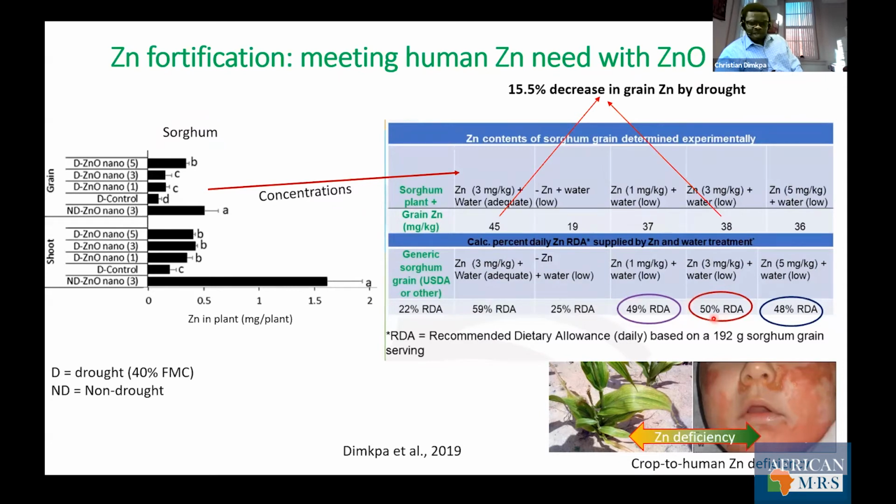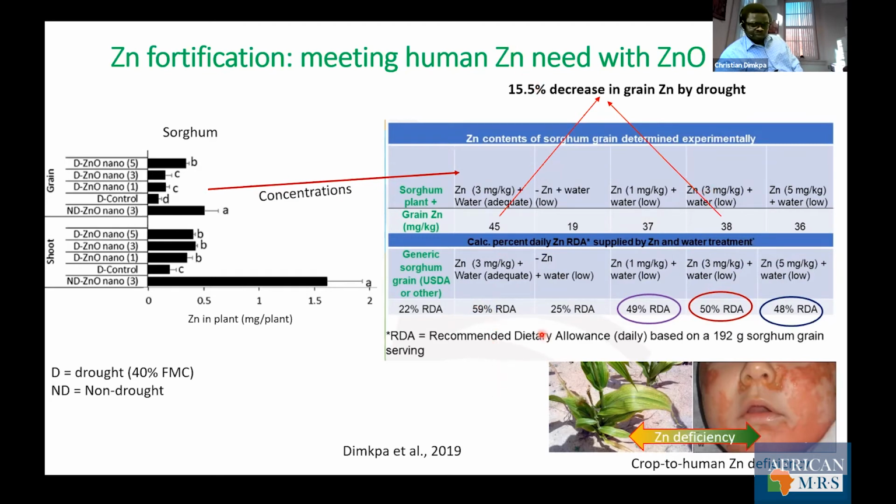Now compare these values to this value. You will see the effect of adding the nanomaterials under drought conditions. And if you compare these values, because you are looking at the same scenarios in terms of amount, you're only losing like 9% of the zinc due to drought. So you are bringing it from 15% to 9%.